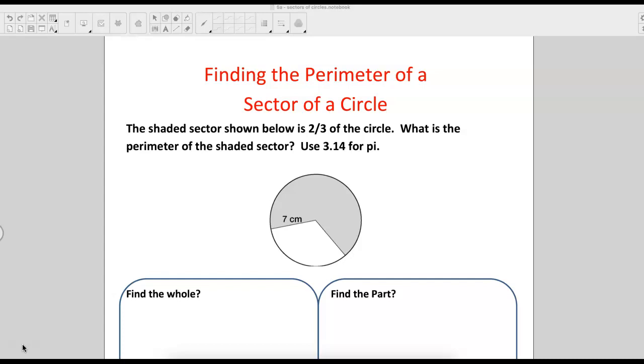If I start right here, and I want to walk around the shaded part, how far do I have to go right here? 7. And here, 7. So it's going to be 7 plus 7 plus something. What does that something represent? Go ahead.